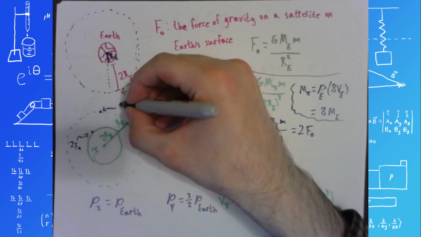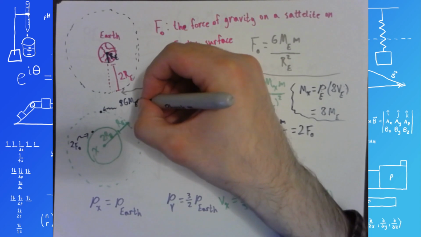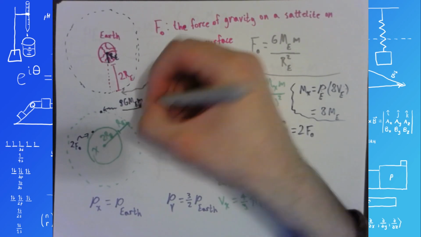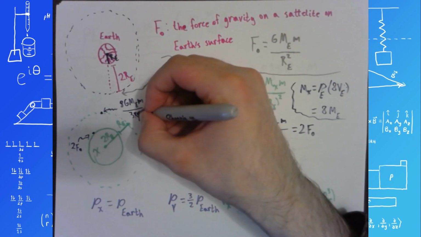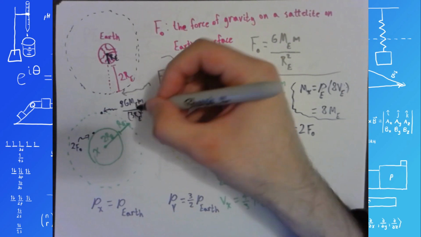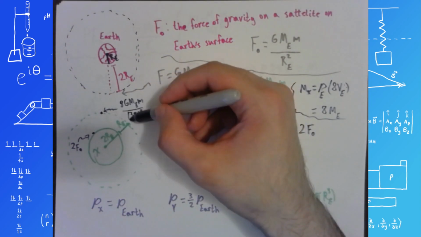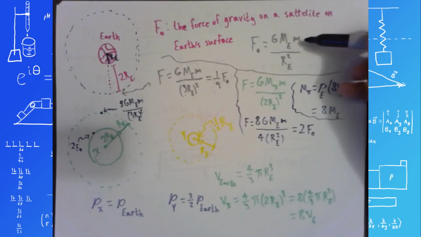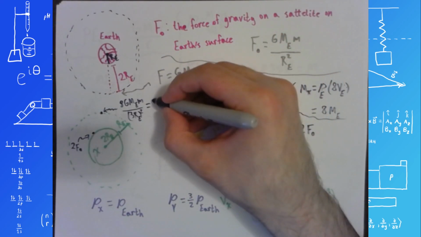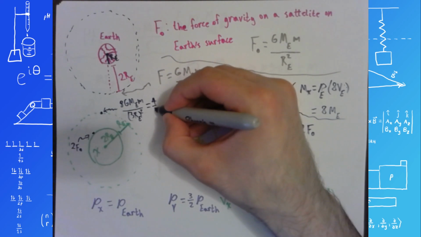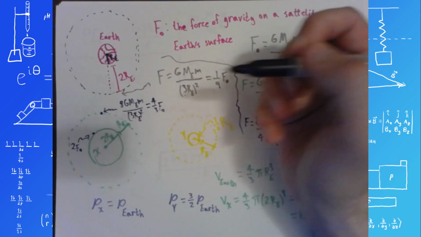So you've got 8G mass of Earth, mass of satellite, over 3 radius of Earth, all squared. If I square the 3, that becomes a 9. So 8 over 9, and then the rest is just F0 again. So that's 8/9 F0 when your satellite is at this point.